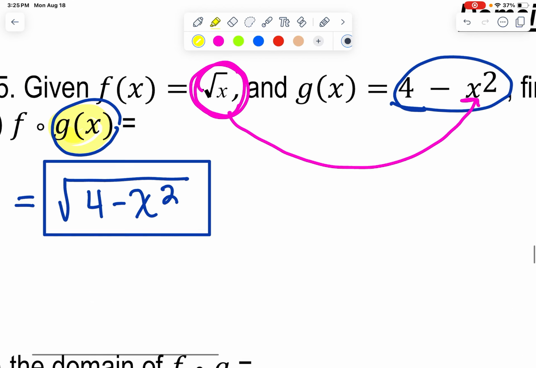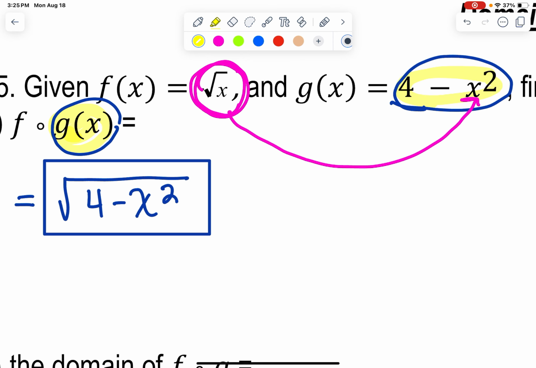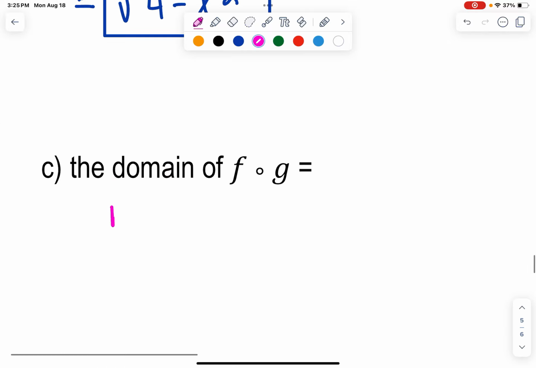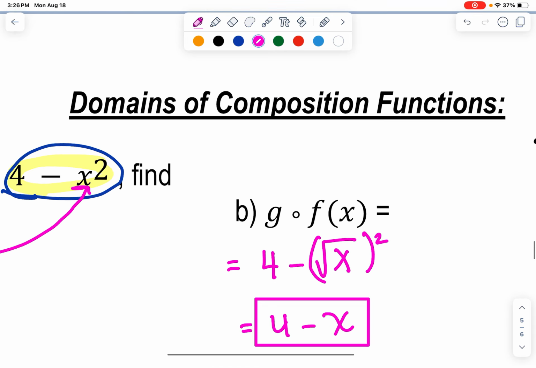The domain of g of x is all real numbers, negative infinity to positive infinity, because it's a parabola. There's no restrictions.